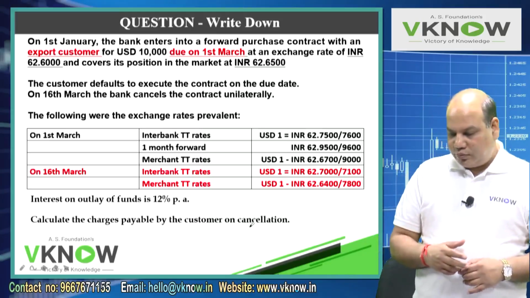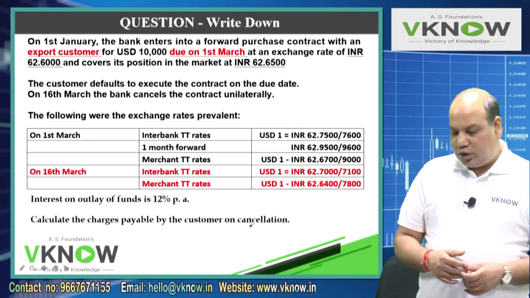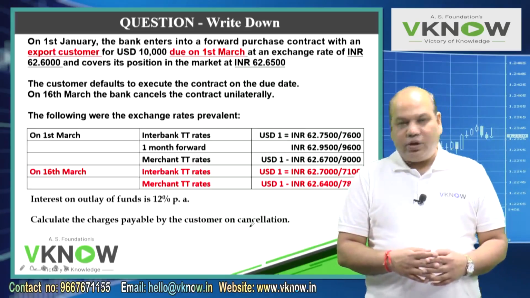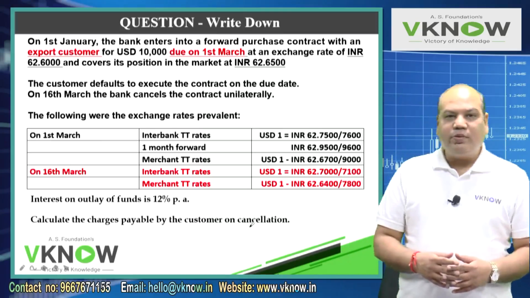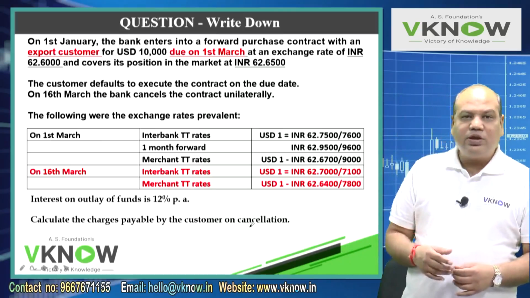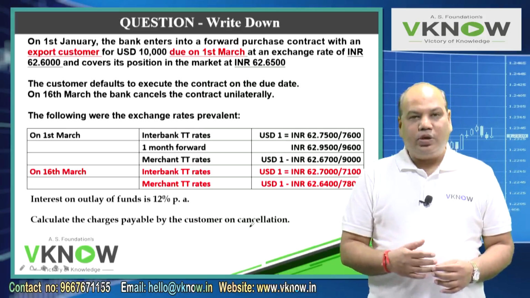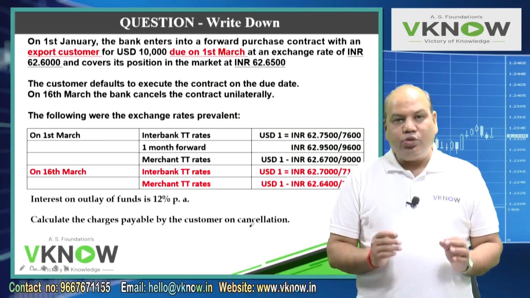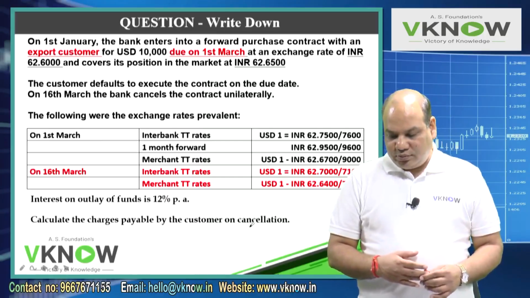On 1st March, interbank TT rates, USD 1 equal to INR 62.7500/7600. 1 month forward rate INR 62.9500/9600.